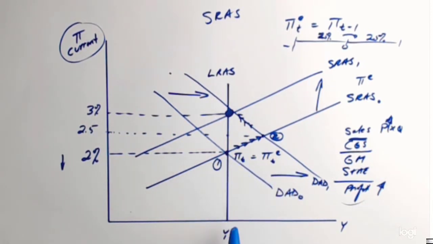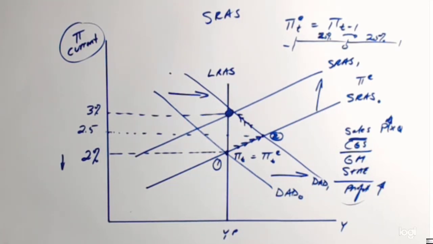So the point is, whatever changes this full employment, and remember what can change it. If the population increases, this can go out. If there's an increase in labor productivity, this can move out to the right. And even if the labor force participation rate increases, in this country, ballpark, the labor force participation rate is about 60%. So 60% of all the people in the United States are working, and 40% don't work.